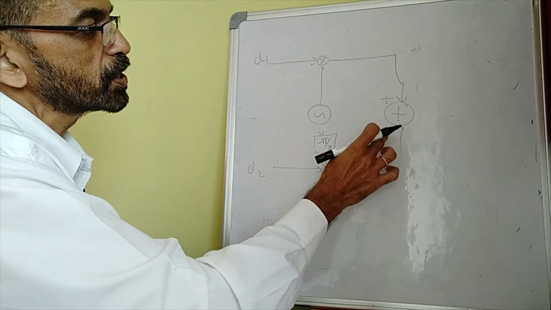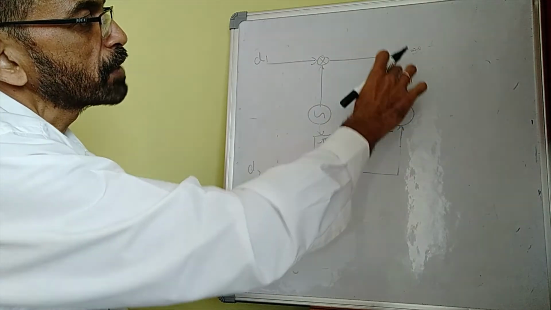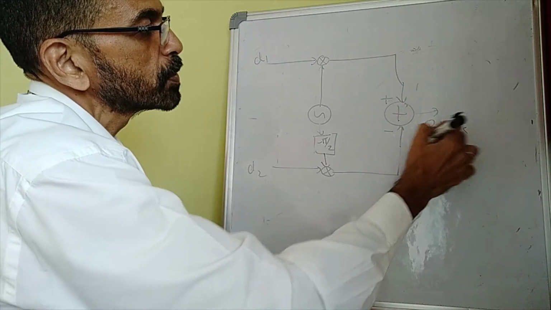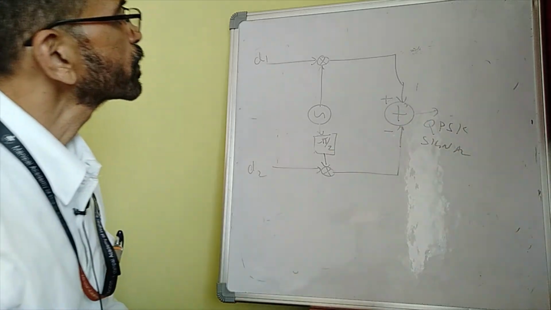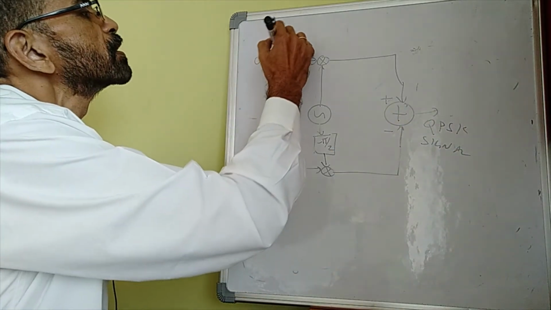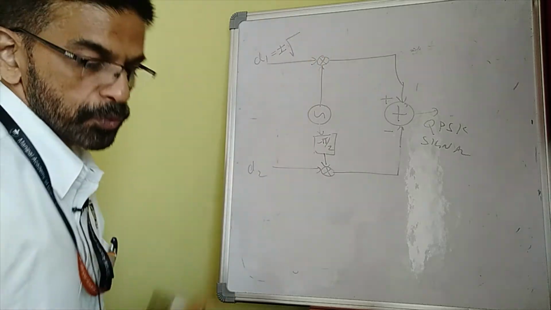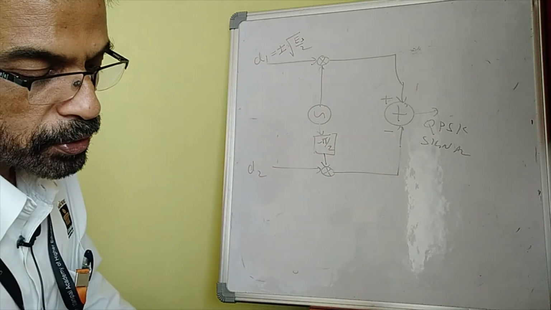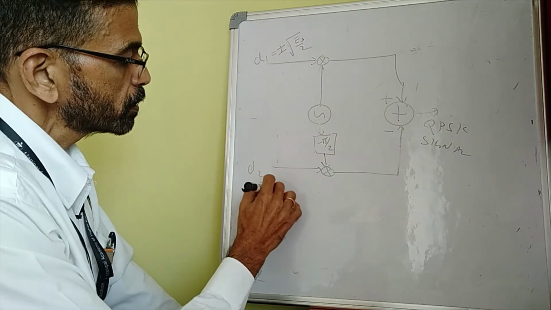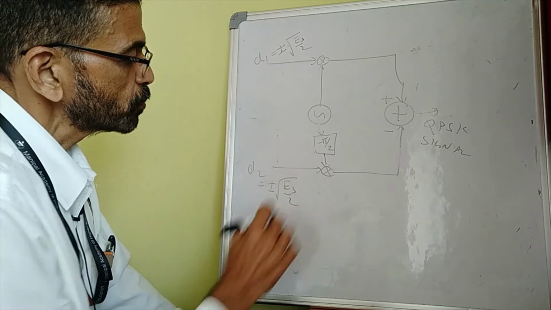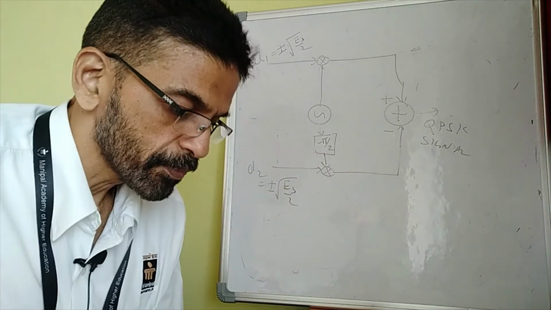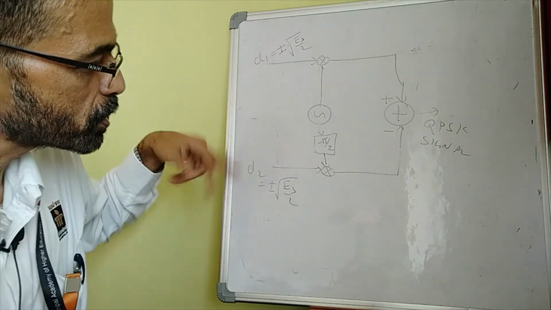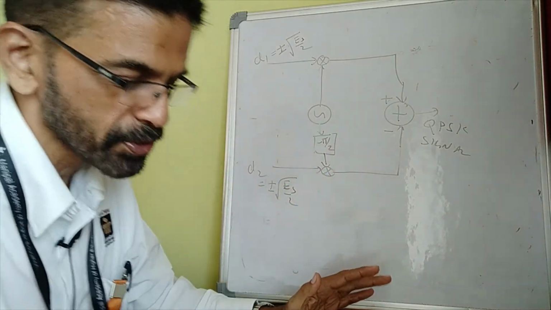That means whatever we have here is multiplied with a negative sign, and whatever we have here is taken as it is, then added, and you get the QPSK signal here. Now D1 will be plus or minus root Es by 2, and this will be plus or minus root Es by 2. So depending on the bit, plus minus means it can take two values, and the combination together can take 4 different values which form the 4 symbols.